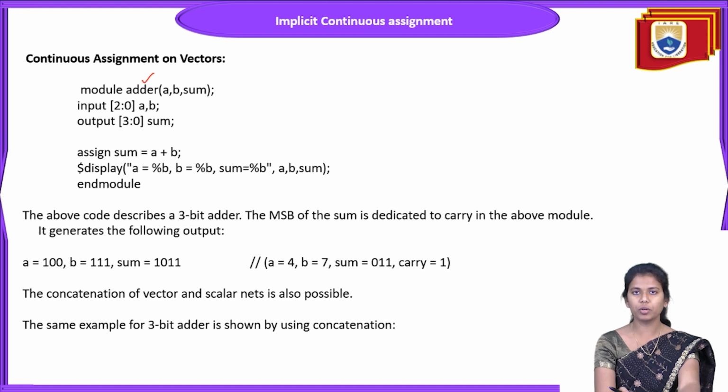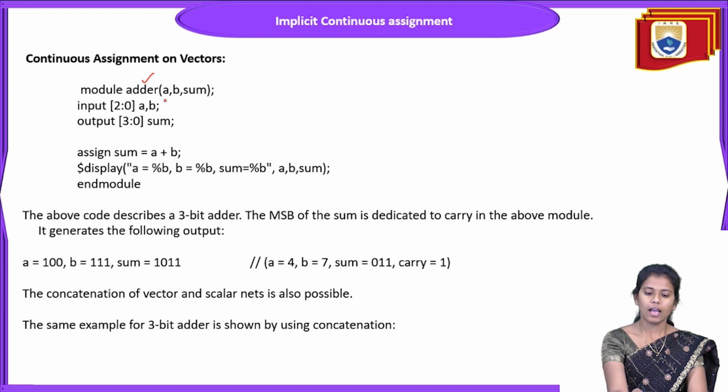So here my input is [2:0] A, B, and the output I observe is [3:0] sum. As it is an adder, A and B are the two inputs, sum is the output, right? A vector means more than 1 bit. So here my input would be [2:0], it is 3 bits, and my output would be [3:0], it is 4 bits.